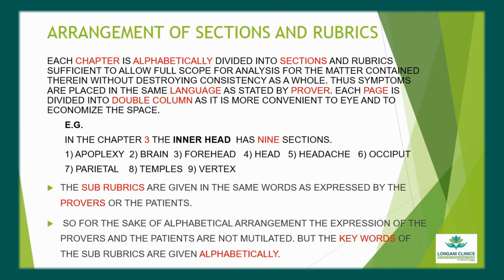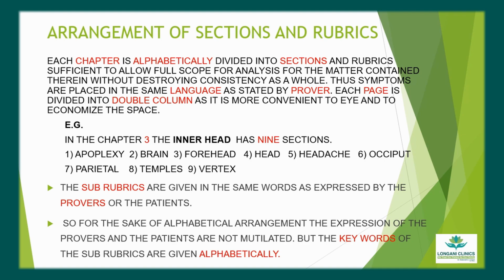Each page is divided into double column as it is more convenient to eye and to economize the space. For example, in the chapter Inner Head, which has 9 sections: 1. Apoplexy, 2. Brain, 3. Forehead, 4. Head, 5. Headache, 6. Occiput, 7. Parietal, 8. Temples, 9. Vertex.